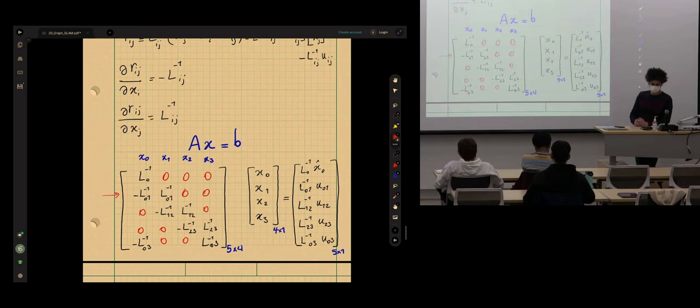The prior factor is a type of factor that provides information solely for one variable. The first row is only saying directly what the value of x0 is, which is the mean value. So that's just the equality telling you the value of x0 is x hat 0.